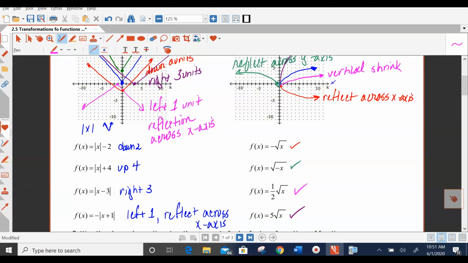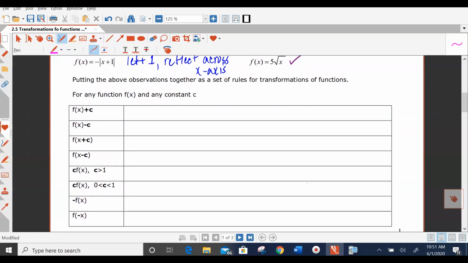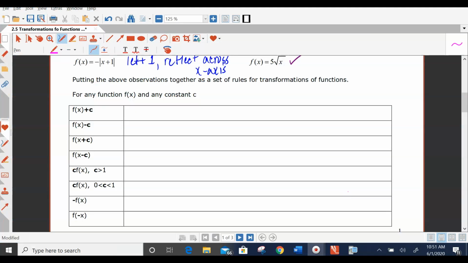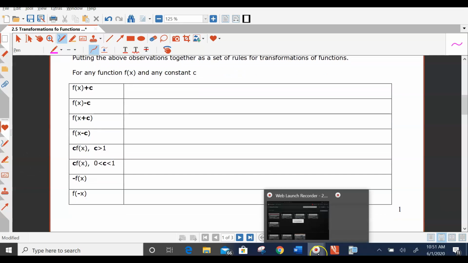That was this guy. So what we can do is we can take all of these properties that we saw and write them in general terms. So the observations that we saw above, let's write those in some general terms. Actually, I prefer this little guy to be up here. Okay. Why does it keep doing that? I want you up here.